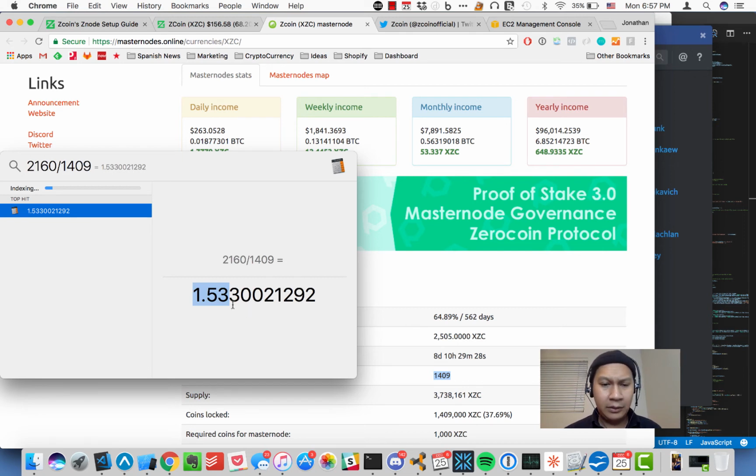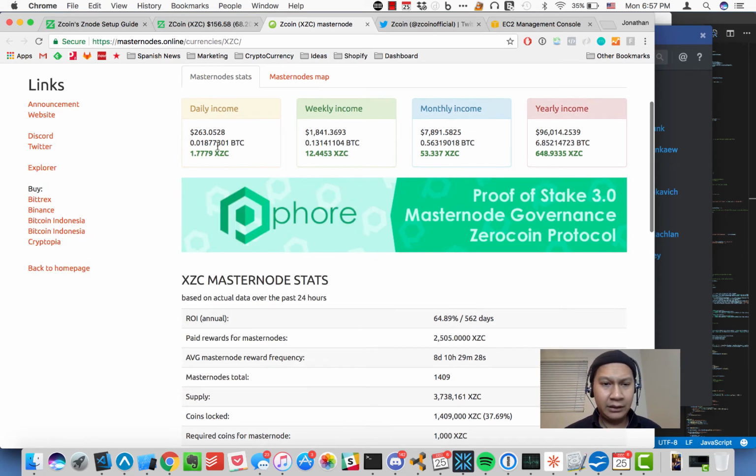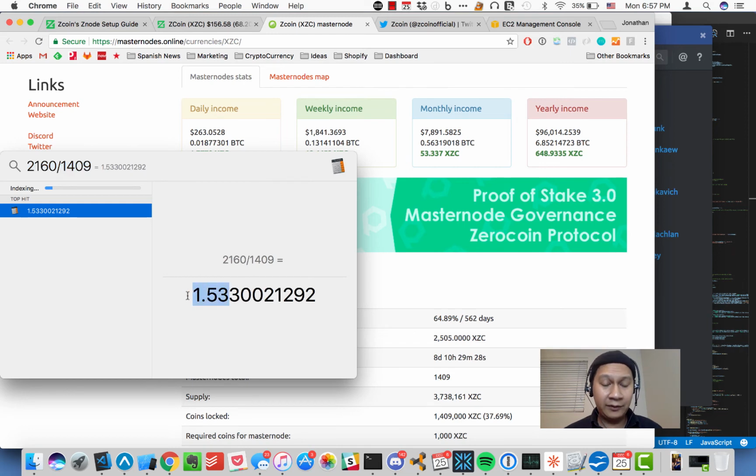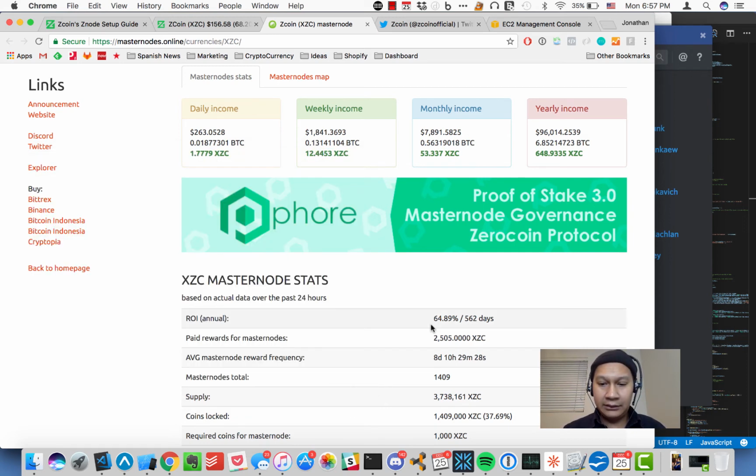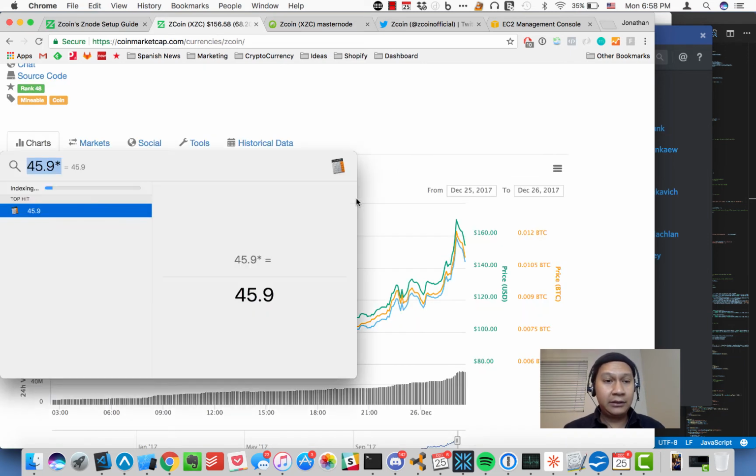So based on this number here, this daily income, not sure why this number is off at 1.7, but theoretically, you're getting about 1.53 coins per day. So what we're going to do is go ahead and multiply that over 30 days. That's about 45 coins. And let's just say we're trading at, what is the current price of ZCoin? Trading at $156. Multiplied by 156, each node is going to be generating about $7,100.